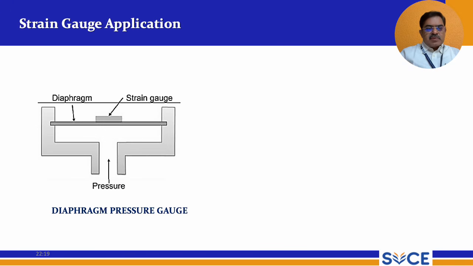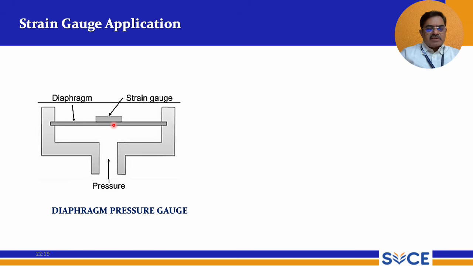So strain gauge application, this is the simple retrofitter strain gauge. So here for pressure measurement, we can use the diaphragm. This is the last topic also in our unit, and this is the diaphragm material. On this diaphragm we are mounting the strain gauge. So when the pressurized fluid or pressure acts on the diaphragm, the diaphragm will elongate.